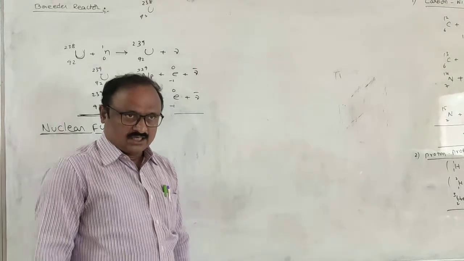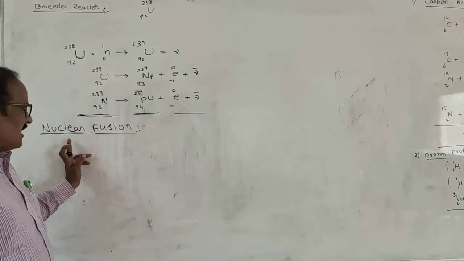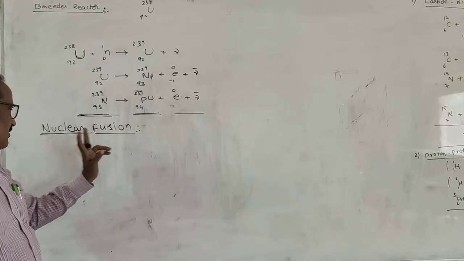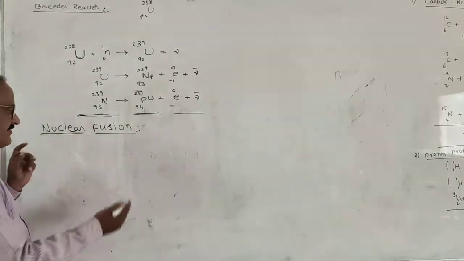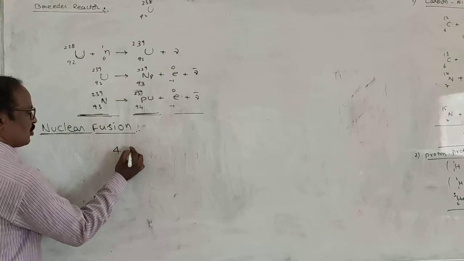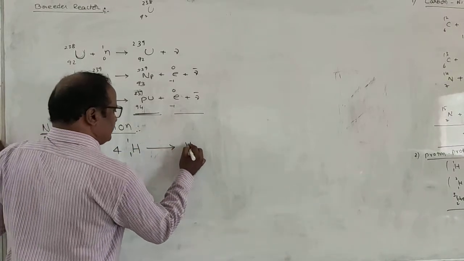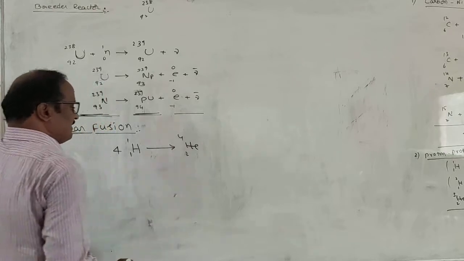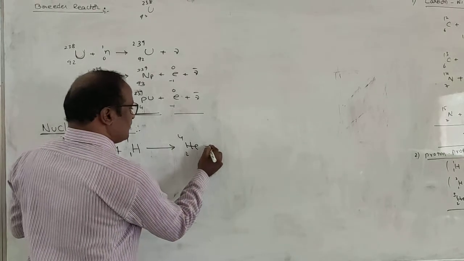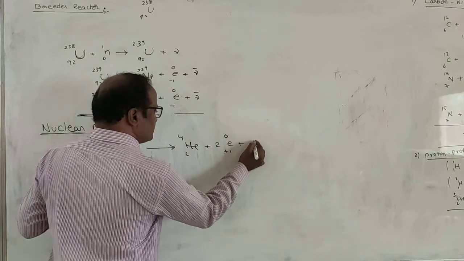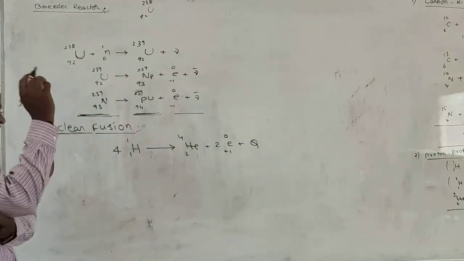So for stability, two or more lighter nuclei are combined to form a heavy nucleus, and this process is called nuclear fusion. For example, 4 protons are combined to form a helium nucleus and emit 2 positrons plus some amount of energy.